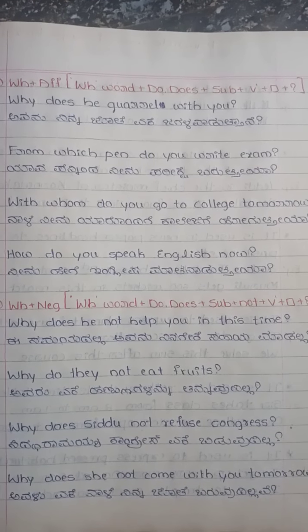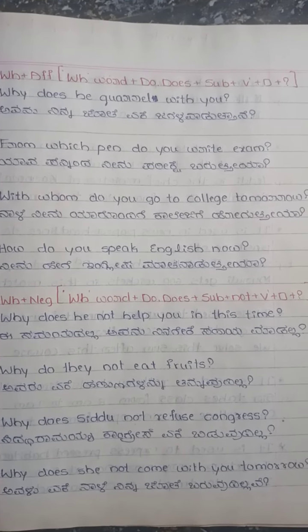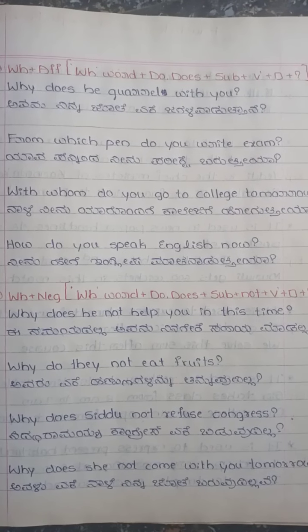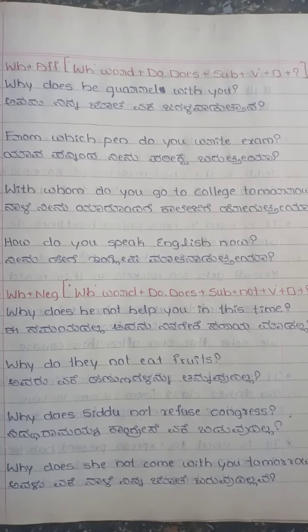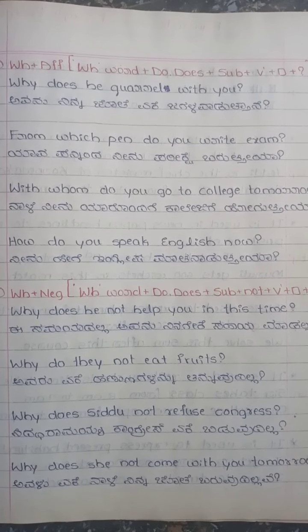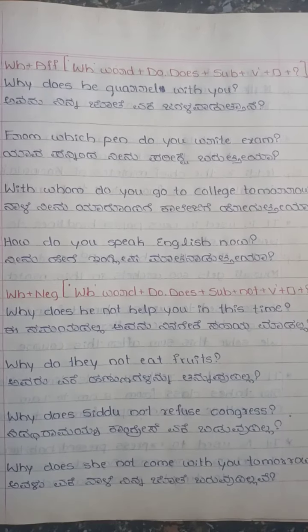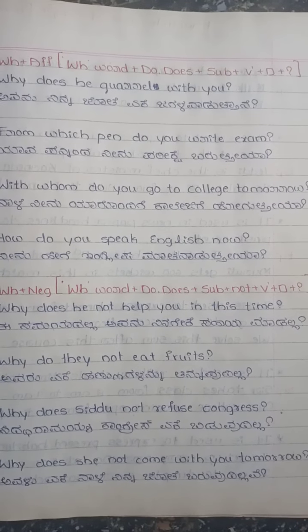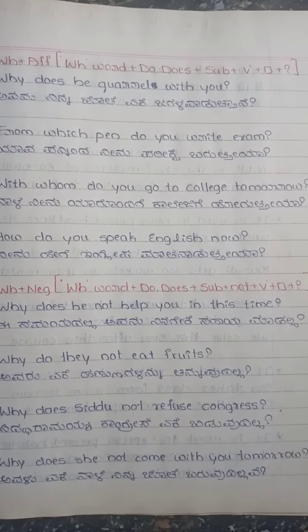The formula I have already given here, and we shall see how the sentences can be framed according to the formula. In a positive WH type of question, we have the formula: WH word plus do or does plus subject plus verb number 1 plus box plus question mark.